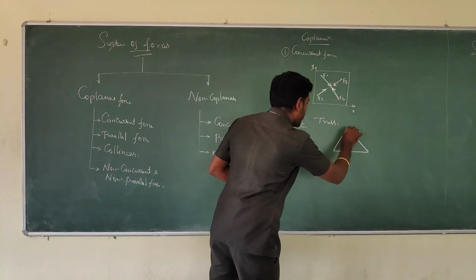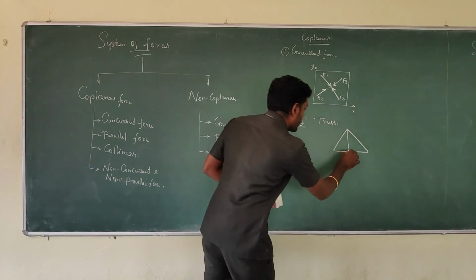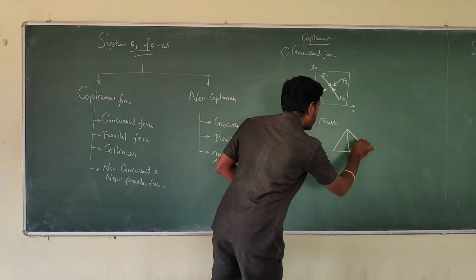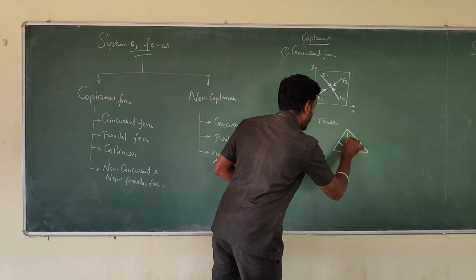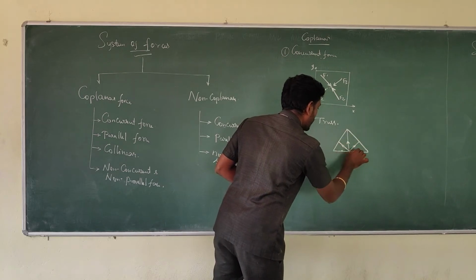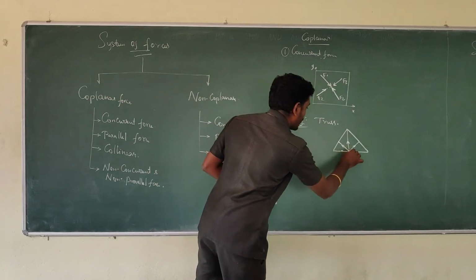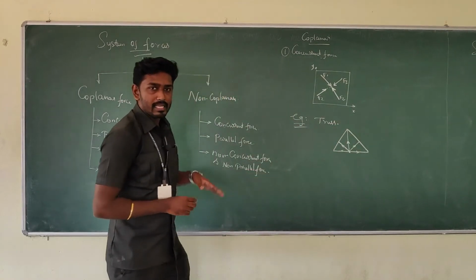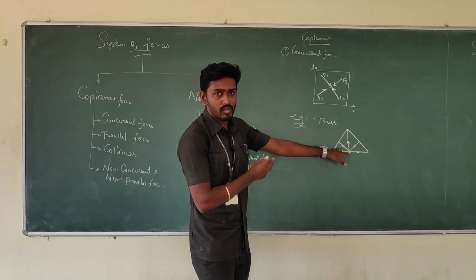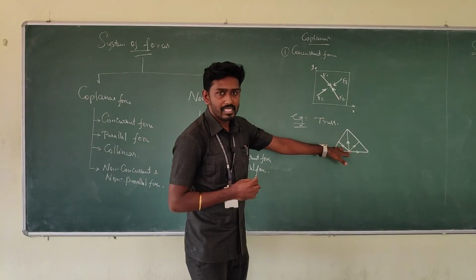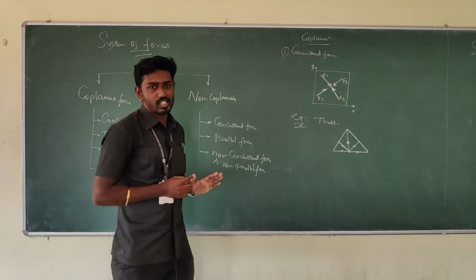You can see the arrangement something like this. If you look at a particular point, all the forces will be tensile or compressive, but they will be concurrent. That means the lines of action of all the forces act on the same point.